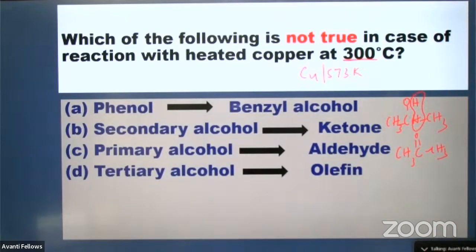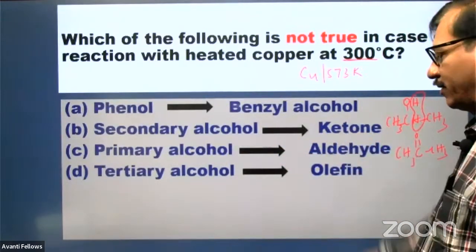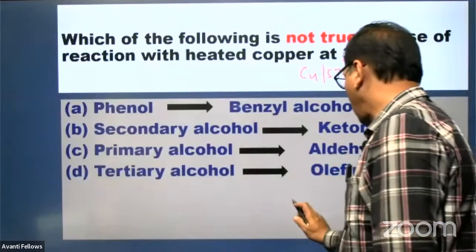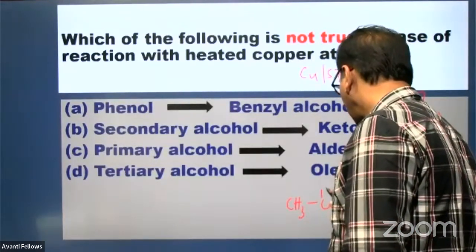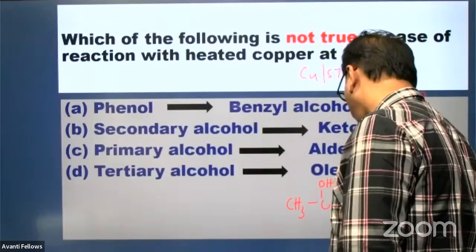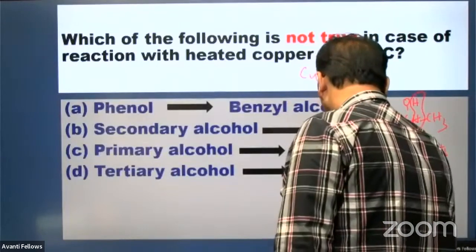This becomes ketone. Primary alcohols in the same way will give aldehyde. Tertiary alcohols, there is a typicality. Tertiary alcohols.